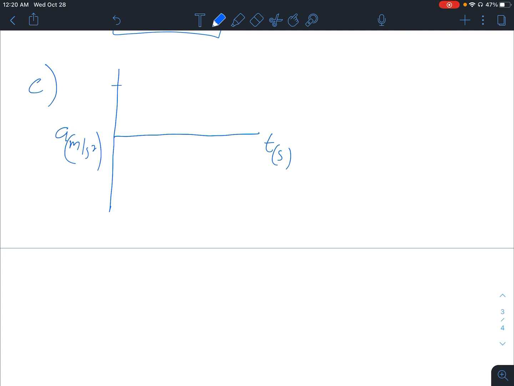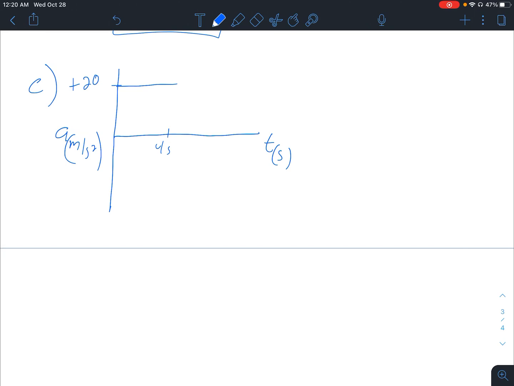So we knew an important value was that in the beginning it's 20 meters per second. We don't really need to put that because it's already listed on there. So we're going to go at 20 meters per second for 4 seconds.